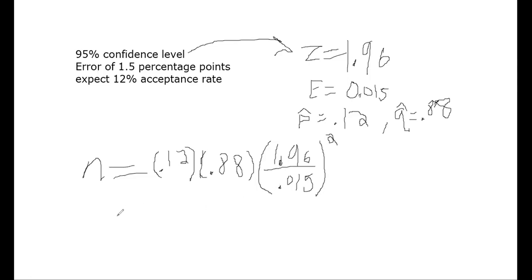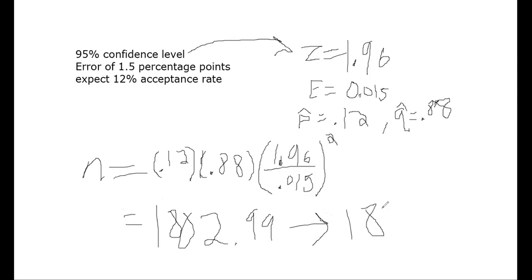And then we would multiply by 0.12 and 0.88. This ends up giving us about 1802.99. So the rounding here is pretty clear. Round up, which I think pretty much everyone would choose to do anyway. And we get an answer of 1803.